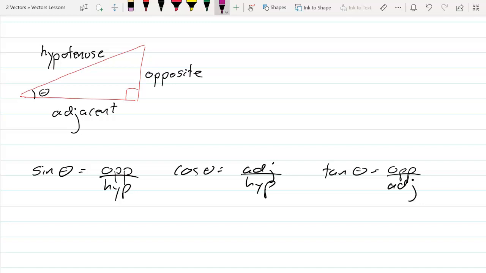And you may recall this useful mnemonic, SOH CAH TOA. Sine equals opposite divided by hypotenuse. Cosine of the angle is the adjacent side divided by the hypotenuse. Tangent of the angle, the opposite divided by the adjacent.